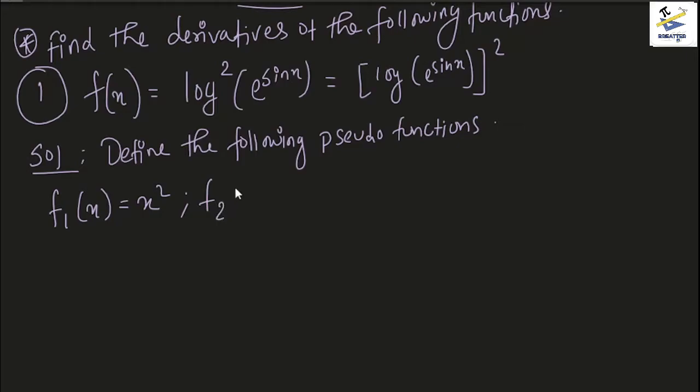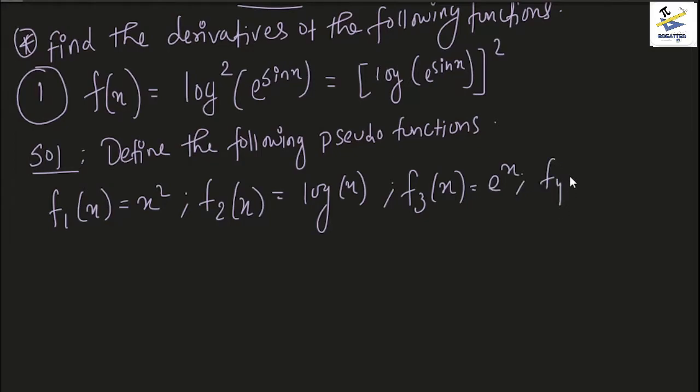The next function that you can see in the picture is a logarithmic function, so f2 of x is log of x. We also have an exponential function, so f3 of x equals e to the power x, and a fourth function which would be not e, it would be sine x, right? Yeah.